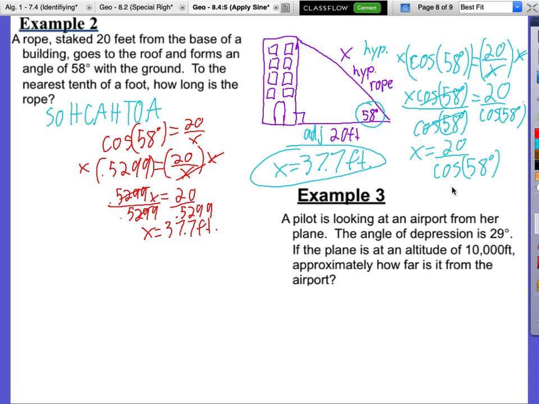I drew a killer airplane on my notes though. I drew a pilot. The pilot's in the plane. Do not make that joke. The pilot is looking at the airport, so it's looking down.